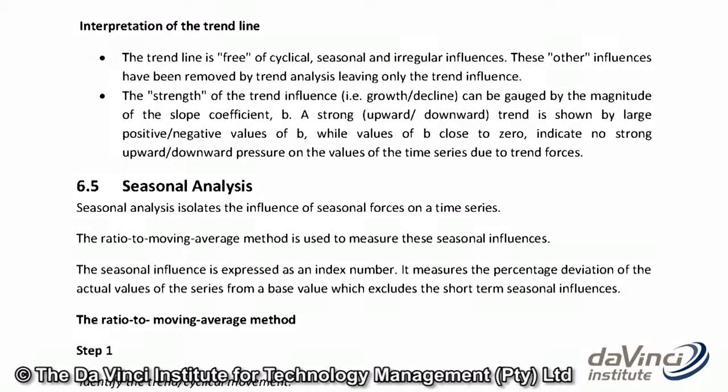The strength of the trend influence, growth or decline, can be gauged by the magnitude of the slope coefficient B. A strong upward or downward trend is shown by large positive or negative values of B, while values of B close to 0 indicate no strong upward or downward pressure on the values of the time series due to trend forces. Okay, just stop there.